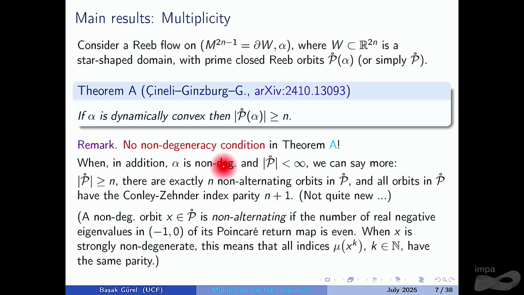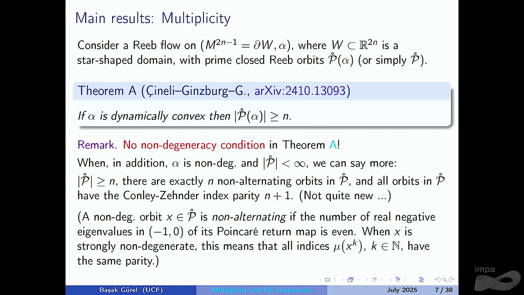Also, you can say something about the index parity, etc. These are all important things to know about your periodic orbits because they all register differently in symplectic homology or equivariant symplectic homology, etc. So again, this notion is going to come up.